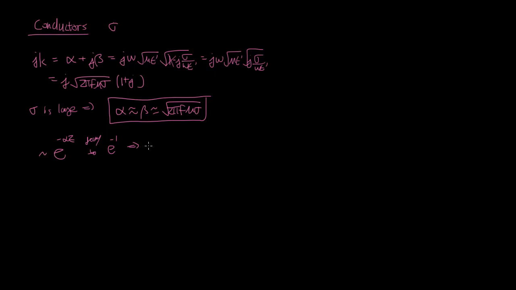That is what we call the skin depth. So again, if this is the distance for it to decay to e to the minus 1, that means that delta is going to be equal to 1 over alpha, which is going to be equal to 1 over the square root of pi f mu sigma.